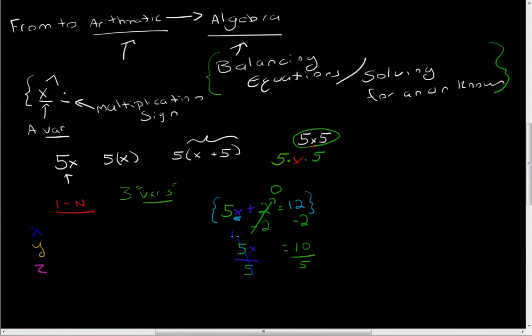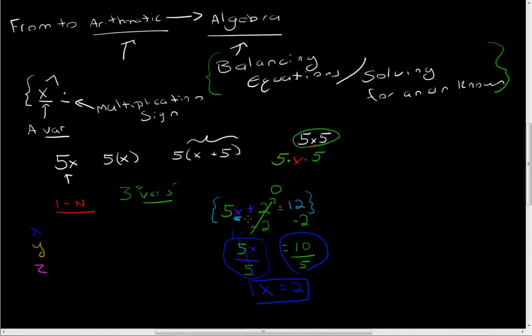So 1 times x is just going to be x, simply enough. So 5 divided by 5 will cancel this 5 out, turn it into a 1. And remember, whatever we do to one side, we're going to be doing to the other side. Divided by 5 over here will give me x equals 10 divided by 5, which gives me 2. This will be our answer.